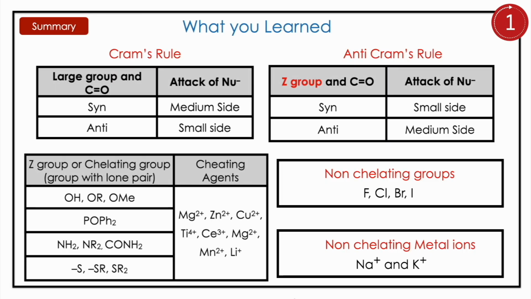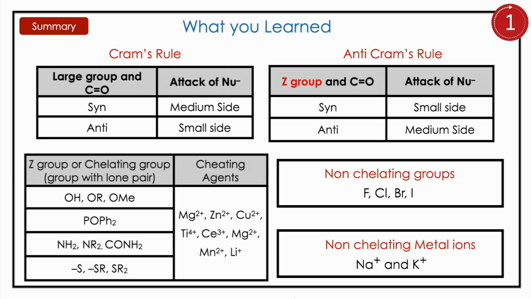Let us summarize what we learned. First, you should know Cram's rule and Anti-Cram's rule. In Anti-Cram's rule, you have a coordinating group as well as a metal. In Cram's rule, the relationship between the large group and CO is important. In Anti-Cram's rule, the relationship between Z and CO is important.